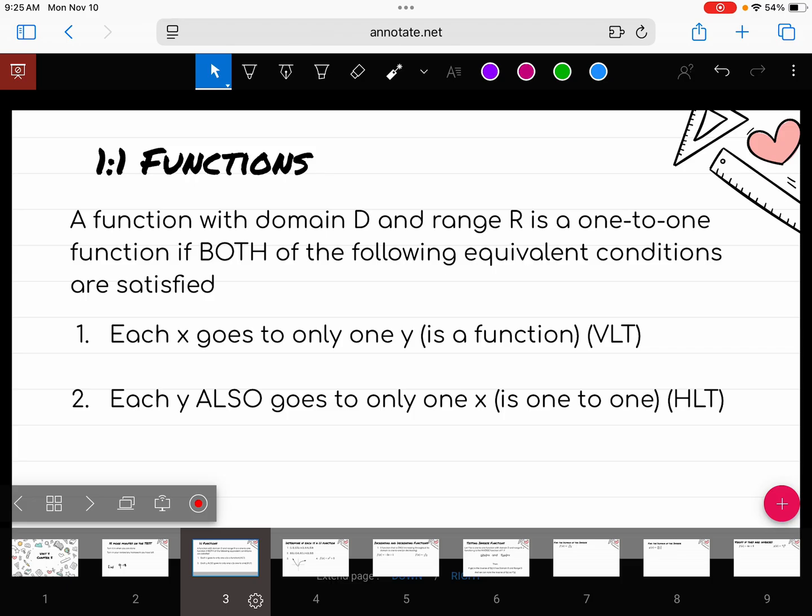With our graphs, we're testing that with our vertical line test. With our one-to-one functions, each y also comes from only one x. So our x's go to one place and our y's go to one place.